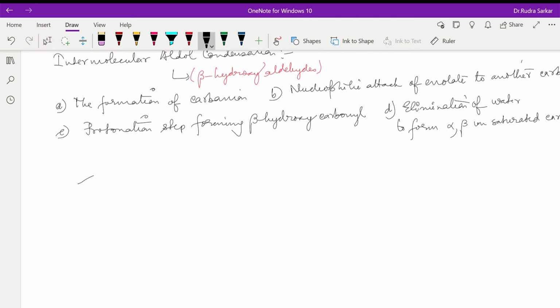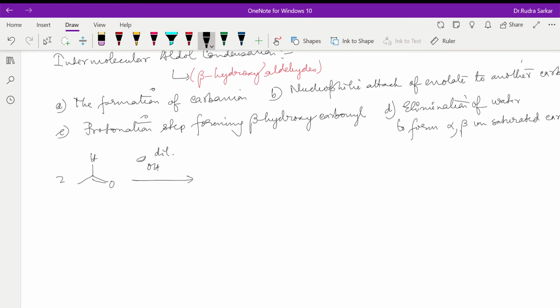Now suppose I have given you acetaldehyde in presence of base. Okay, say this is dilute.